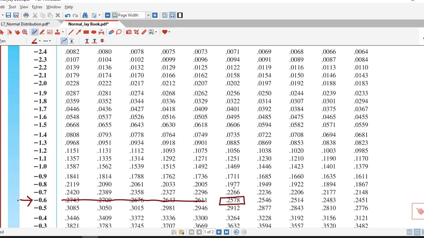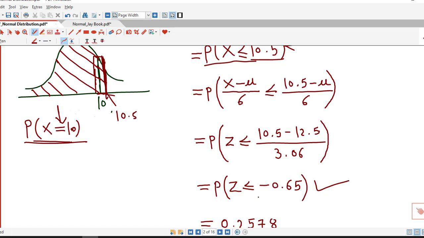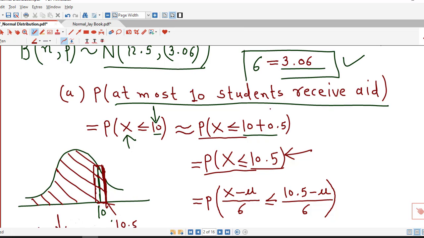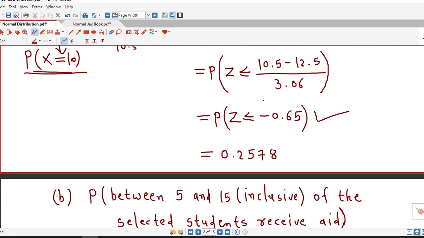So minus 0.6 and this column 0.05 give the required value 0.2578, which we have written here. So the probability that at most 10 students receive financial aid is 0.2578.